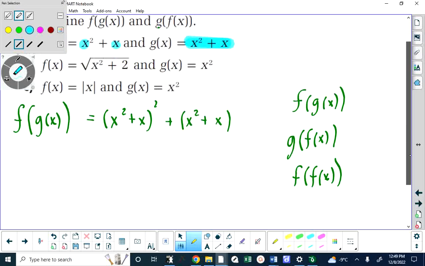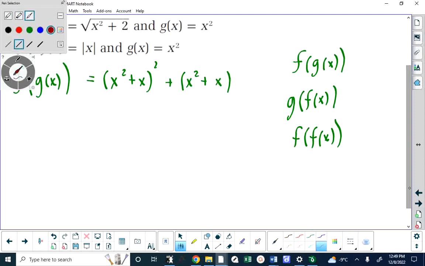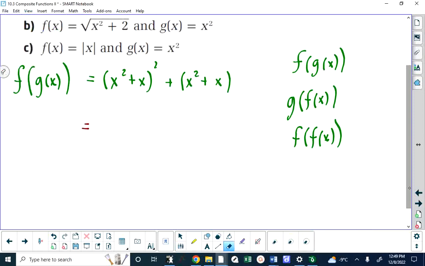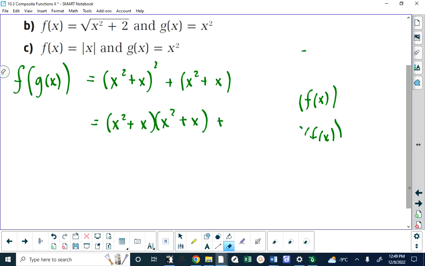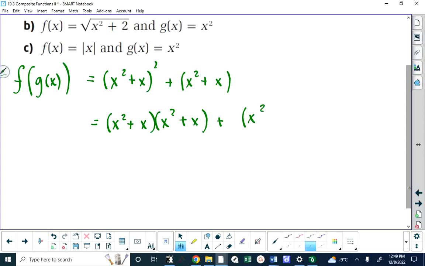Okay, so we would have to simplify that. This means x squared plus x times x squared plus x, and then we have plus the x squared plus x. I don't really need brackets around this x squared plus x. I'm going to FOIL this out, so first is x squared times x squared, which is x to the 4.